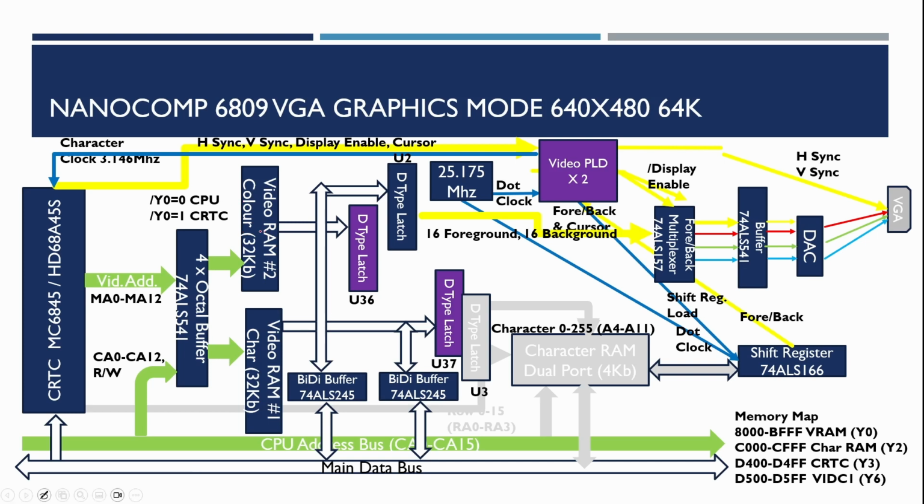And then the output data feeds these two new latches. The way we take the address lines out of the CRTC chip and feed it into the video RAM needs to be a bit different here, in that we need to be able to show 480 lines on the screen, but the CRTC chip is only capable of going up to about 127.